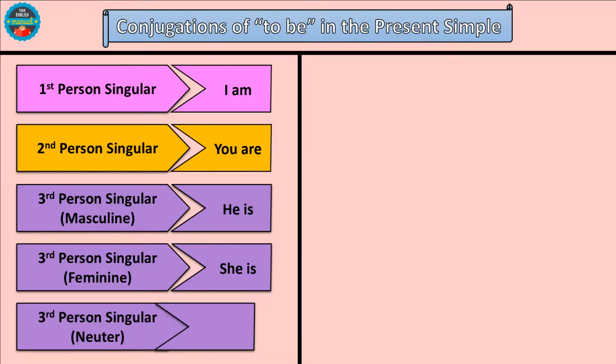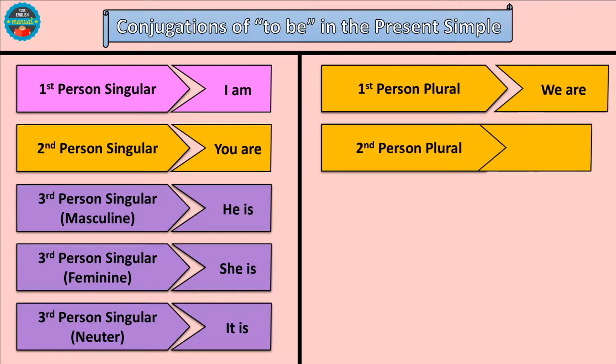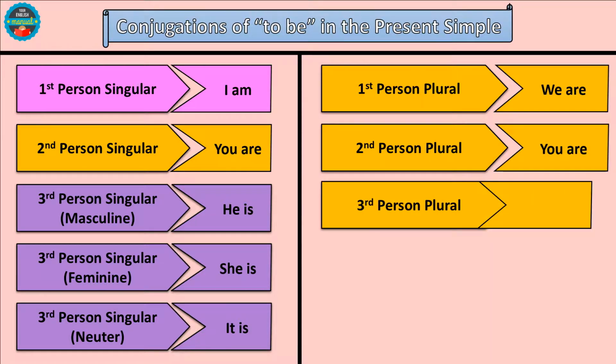Third person singular neuter, it is. First person plural, we are. Second person plural, you are. Third person plural, they are. See? Does it seem complicated? But don't worry, it's not.